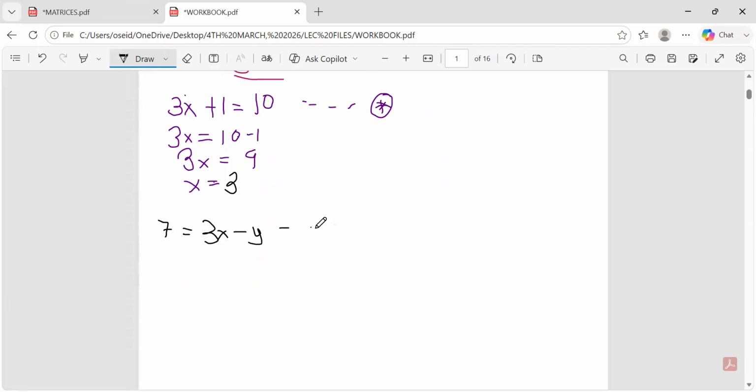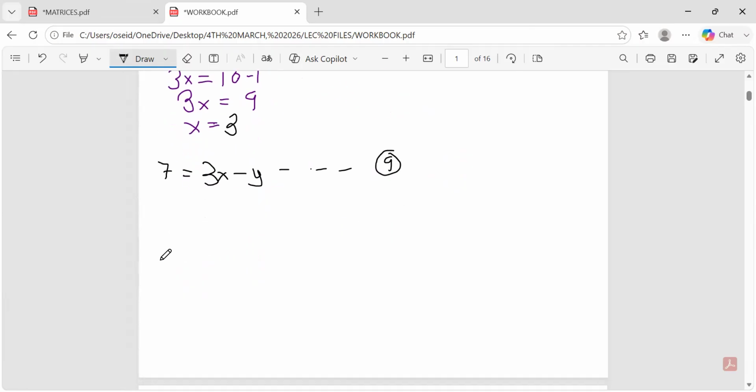We call it equation A. With equation A, we know that x equals 3. Therefore, we substitute 3 wherever we find x.